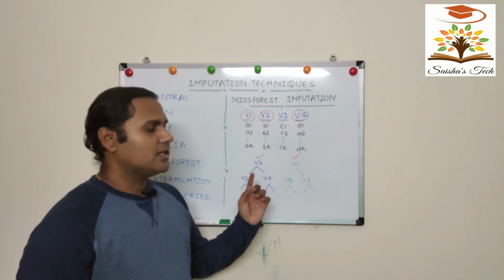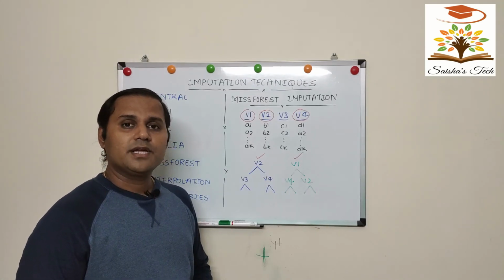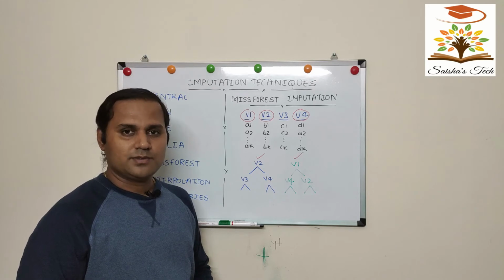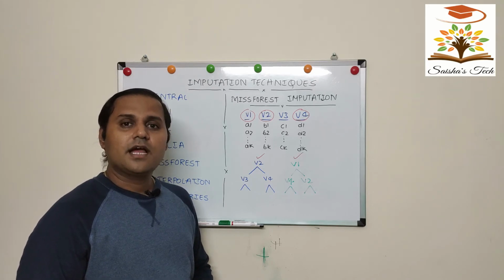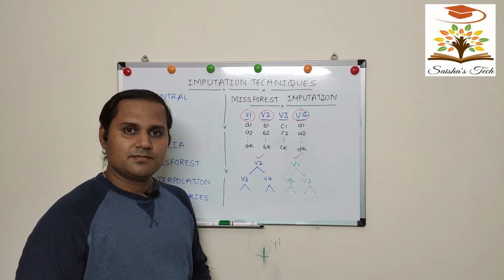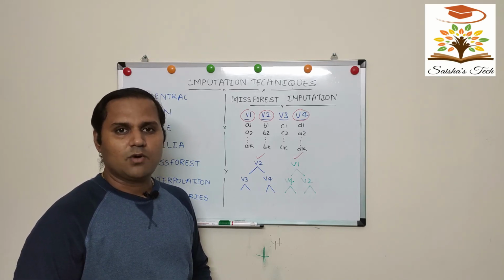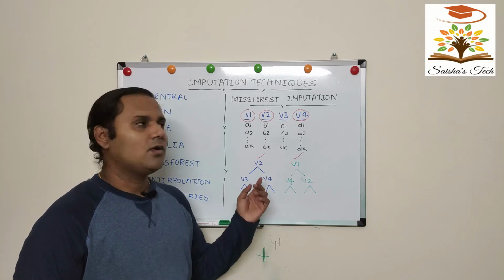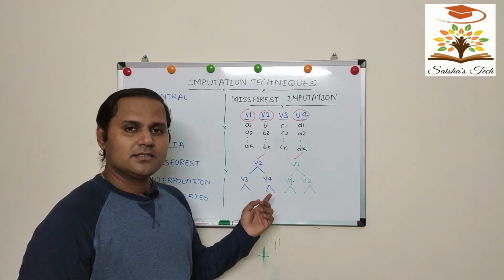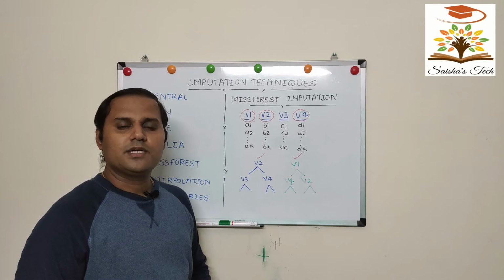MissForest imputation can be utilized for imputing categorical and numeric values with linear and non-linear variables. In future videos, we will understand in-depth knowledge of random forest model. This is how MissForest imputation utilizes the trees and the variables for imputing the missing values.